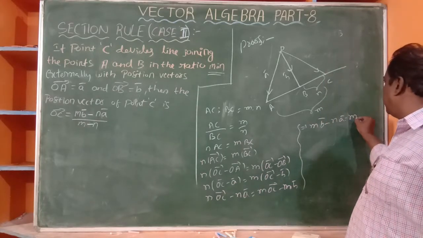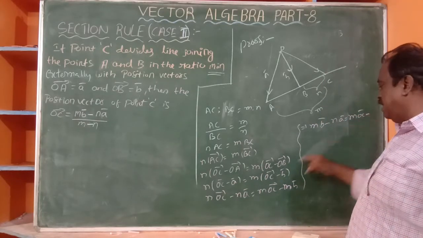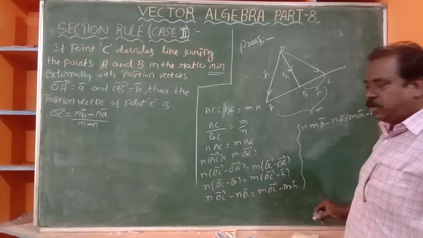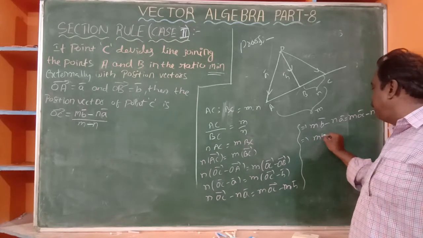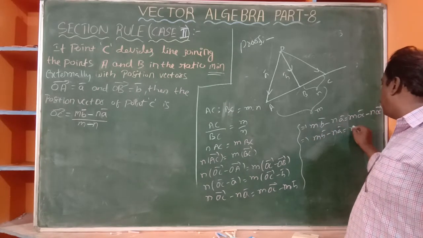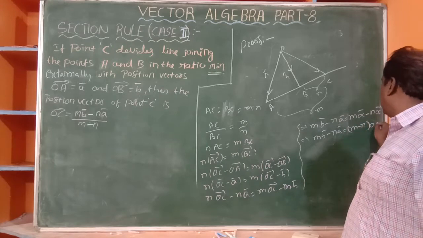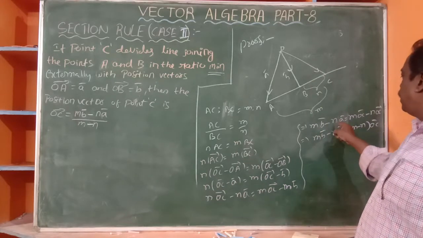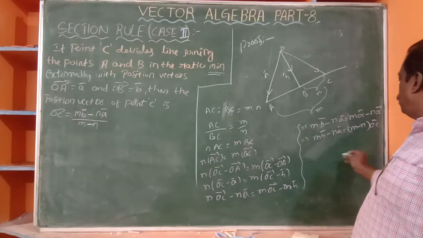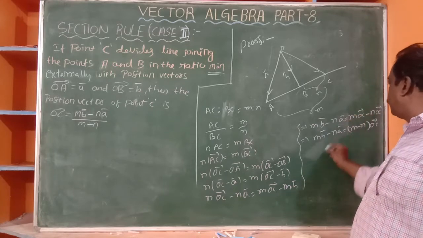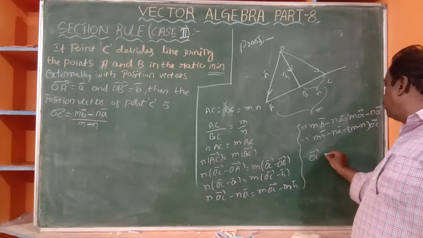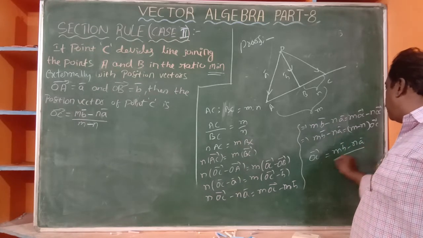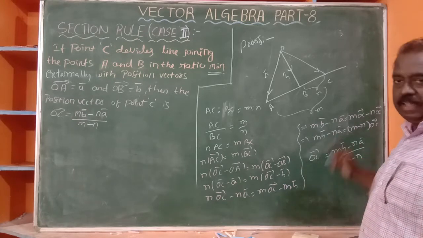Here it is M OC bar minus N OC bar. Don't confuse. You see, it is M B bar minus N A bar is equal to M minus N OC bar. Now you take, OC bar is equal to M B bar minus N A bar by M minus N. Very clear.